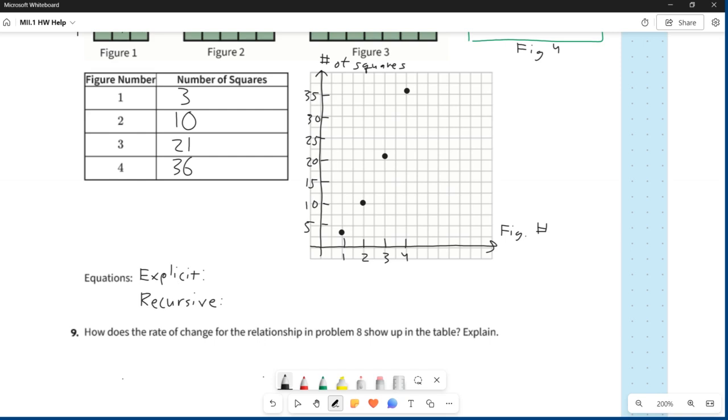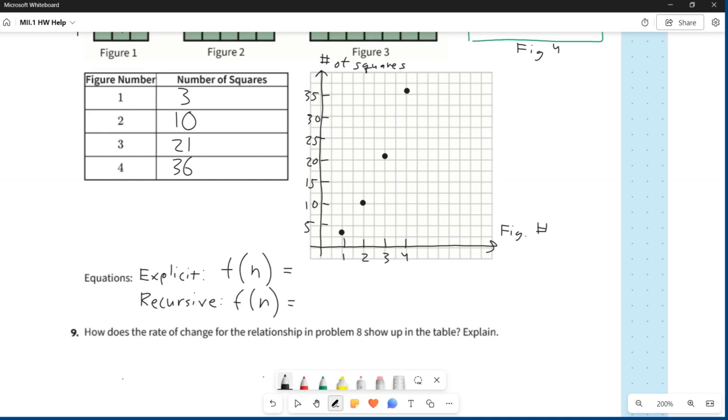We are using function notation in this context, so both the explicit and recursive equations are going to start with f of n. So with both of these, our function name is f and our input is n.